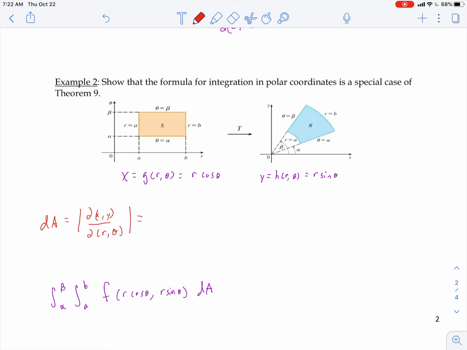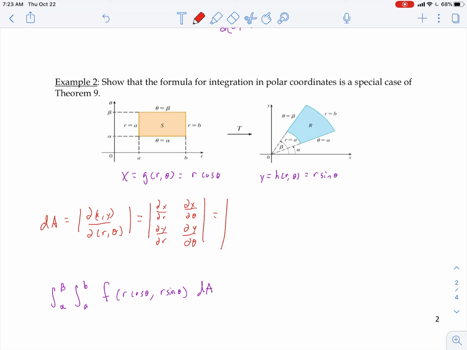That's going to be the partial of x over the partial of r, partial of x over the partial of theta, partial of y over the partial of r, and partial of y over the partial of theta.